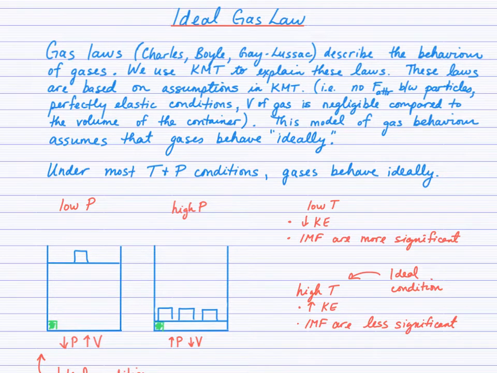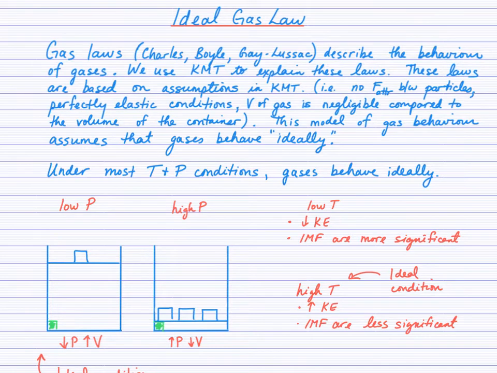So we make those assumptions and work with Charles's, Boyle's, and Gay-Lussac's law, and find that the answers that we get when we do those calculations are most true, so most correct for our experimental results, when the gases are at low pressures and high temperatures, which really, that is most of the gas samples that we work with. Now, let's look at why that is.